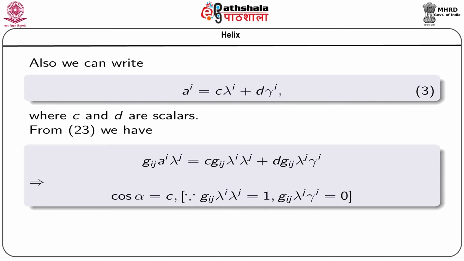Now, as G_ij A^i lambda^j is cos alpha, G_ij lambda^i lambda^j equals 1 and G_ij lambda^j gamma^i equals 0. So, the value of C is cos alpha.